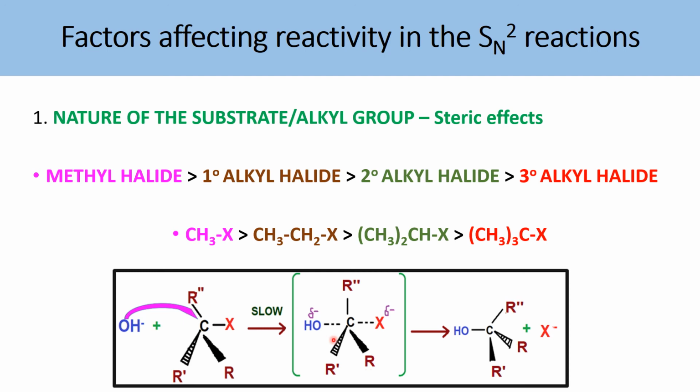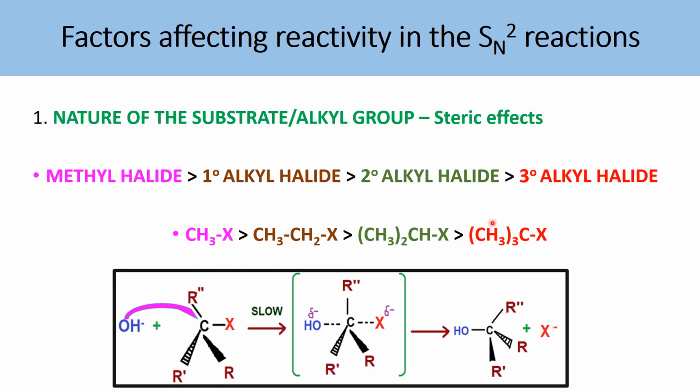In the case of primary alkyl halide, R is hydrogen, R' is hydrogen and R'' is a methyl group. In the case of secondary alkyl halide, R is hydrogen, and R' and R'' are methyl groups. If it is a tertiary alkyl halide, R, R' and R'' are methyl groups. So it is more sterically hindered if it is a tertiary alkyl halide.